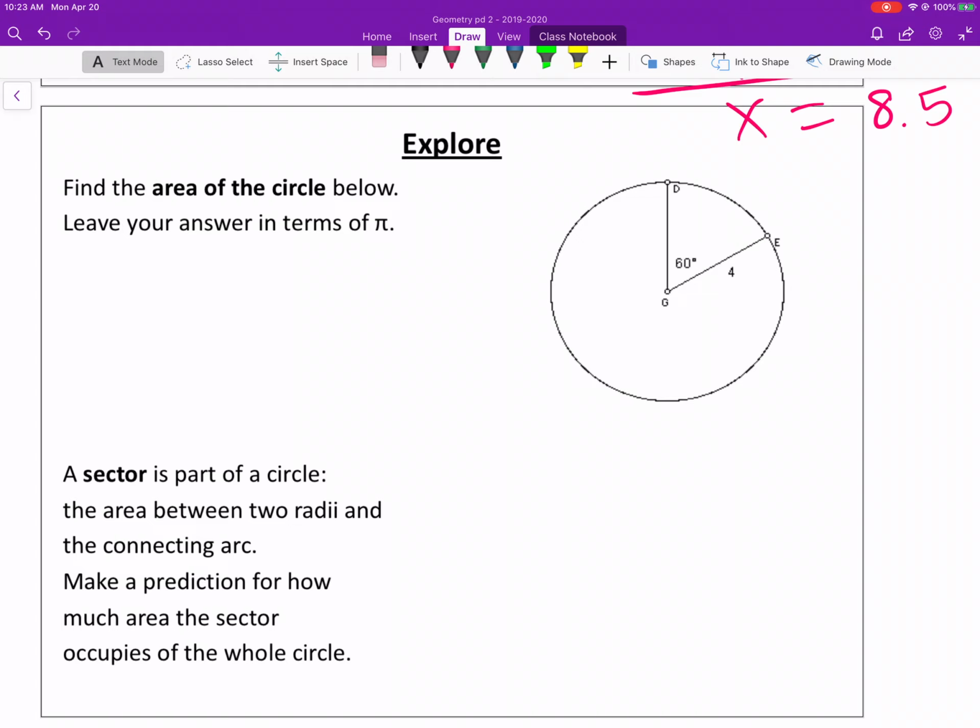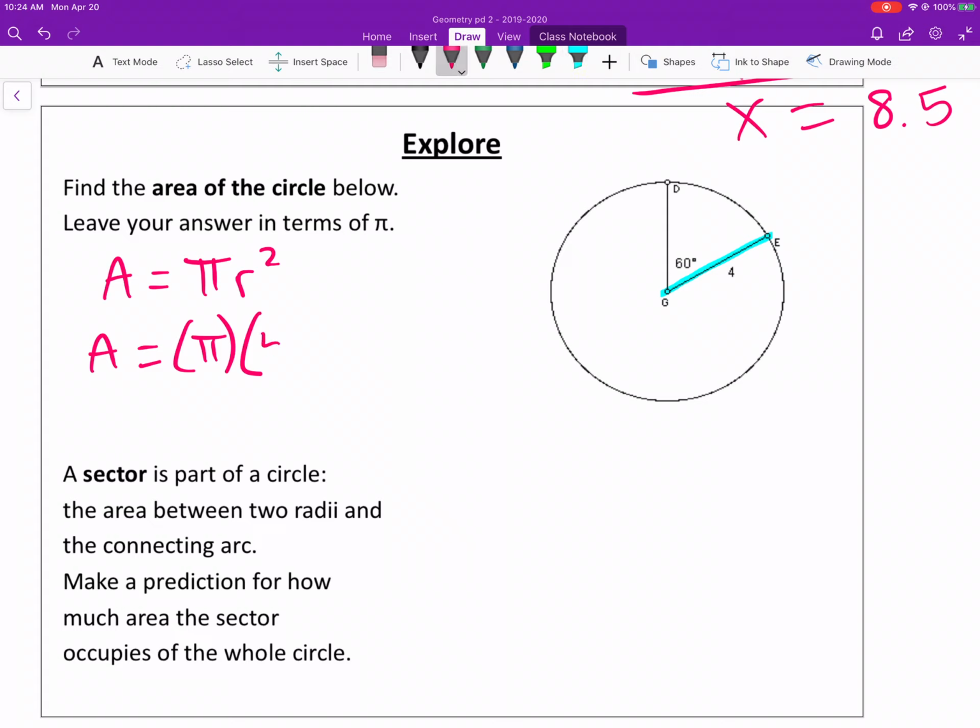So just thinking about this whole circle, how would we find the area? Well, this is a formula you should know, but if you don't, it is on your reference sheet also. The area of a circle is equal to pi r squared. Leave your answer in terms of pi, so it's just pi times the radius, because the radius right now is equal to 4, halfway across the circle.